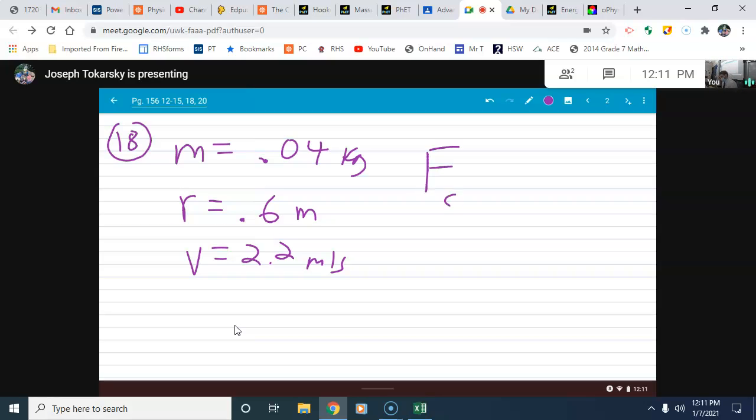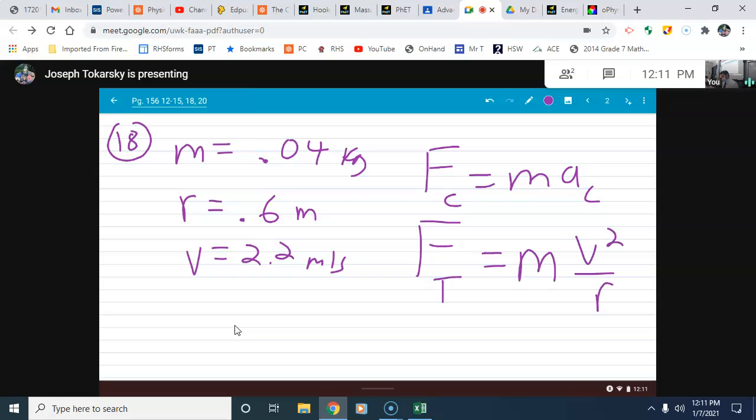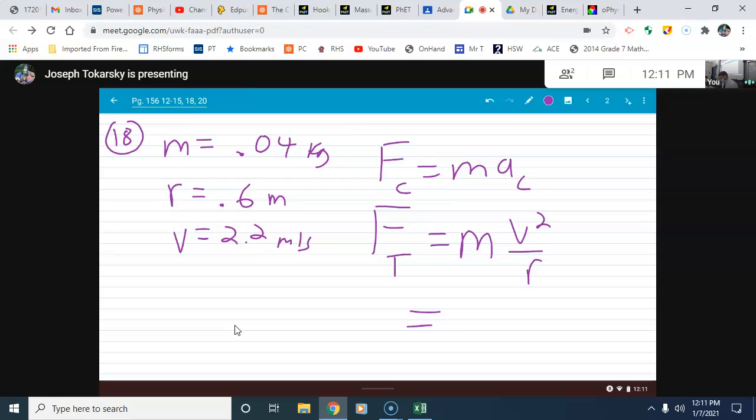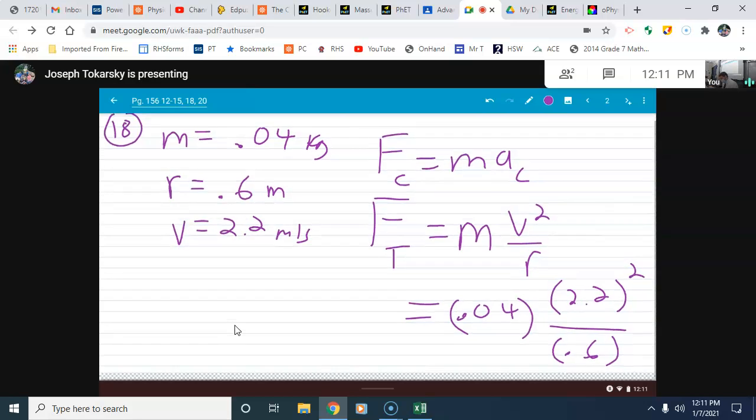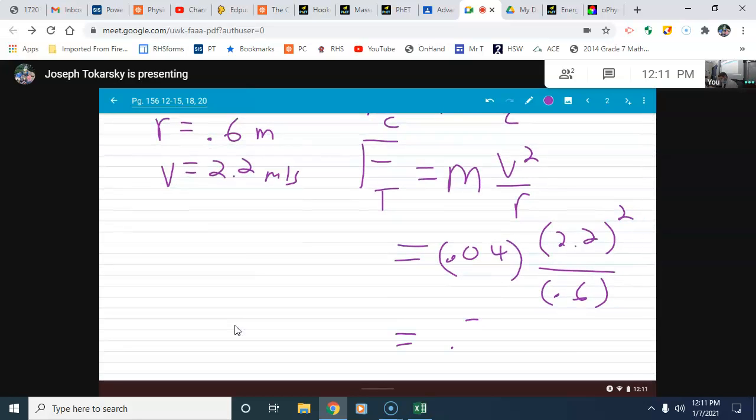We start with noting that from Newton's second law, tension is the centripetal force, and subbing in V squared over R for the centripetal acceleration. It's different numbers, but practically the same work, just for a different named centripetal force. Run all those numbers, and you should be getting close to around 0.32 newtons.